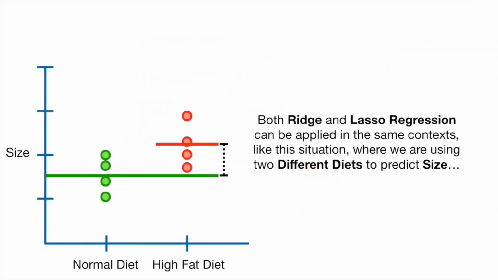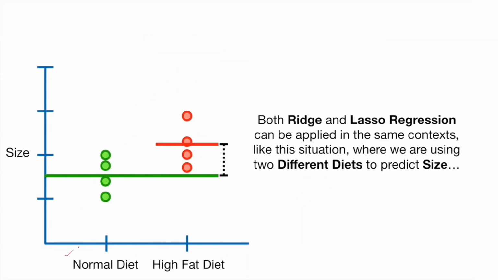Now, both ridge and lasso regression can be applied in the same context, like this situation where we are using two different diets to predict size. Say, for example, if we have a categorical data instead of a continuous variable. So we have taken many mice and we have given different diets to them.